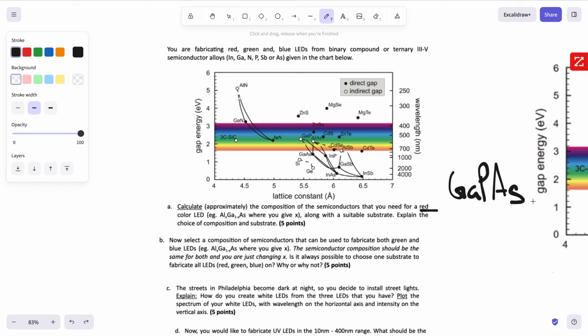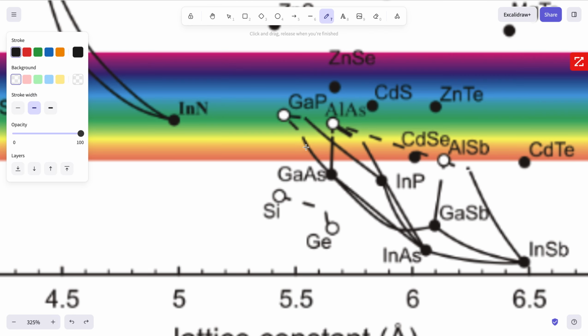Or, sorry, I misread. GaAlAs. Now, to what amount, it's a little bit of guessing with a diagram like this, but maybe 70% gallium and 30% aluminum, since it's closer to the gallium than the aluminum.